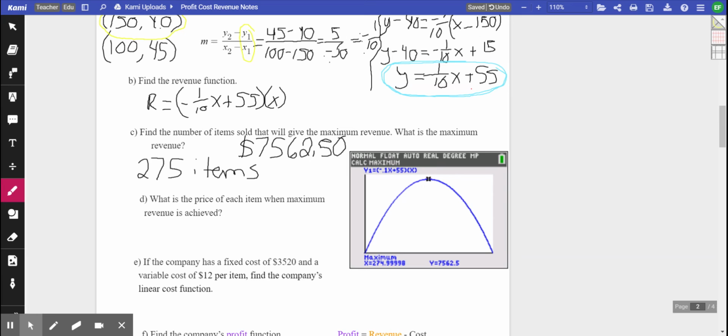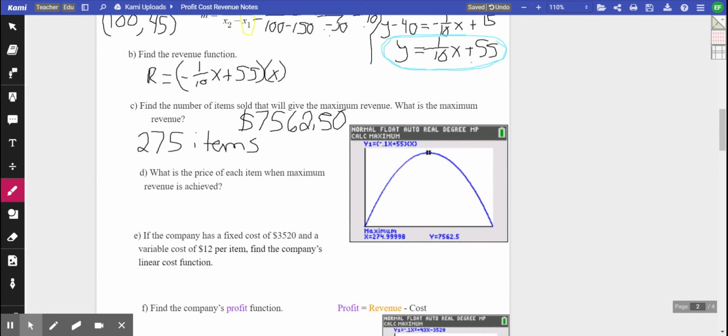So let's go a step further now. I'm going to go a little bit more in depth into this problem than we did in the prior one. We want to know what's the price at which each item is sold when maximum revenue is achieved. Okay, well, we know what our price-demand function was. That was the blue one from up above.